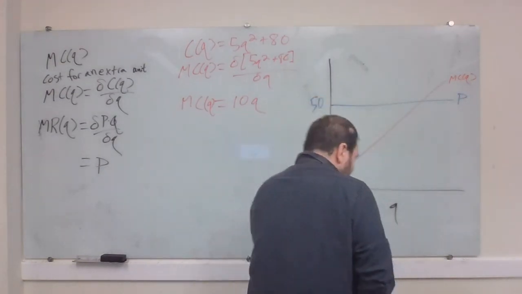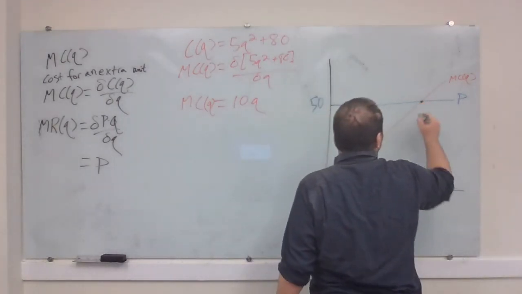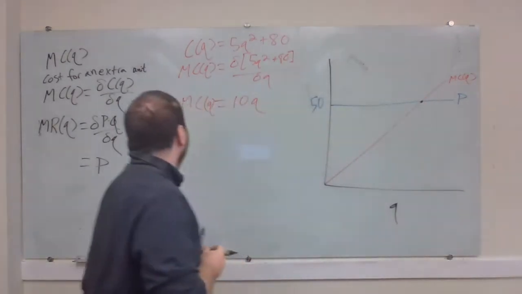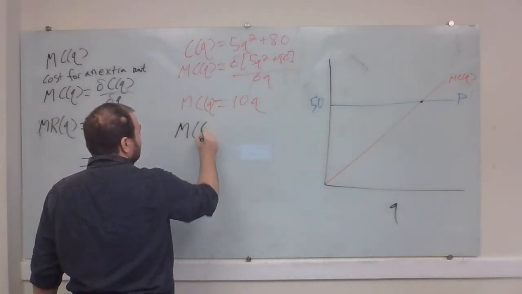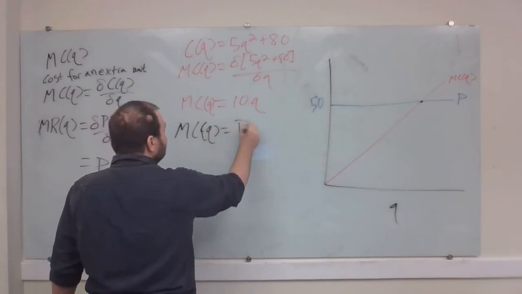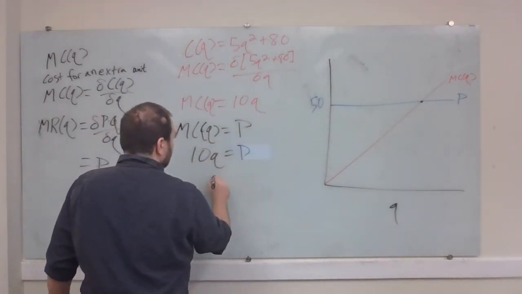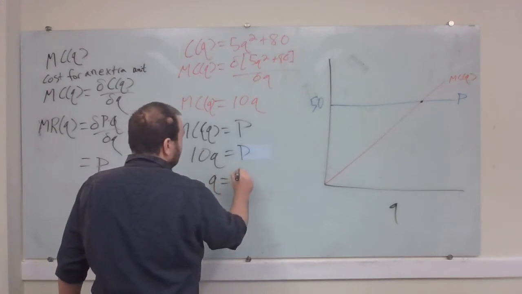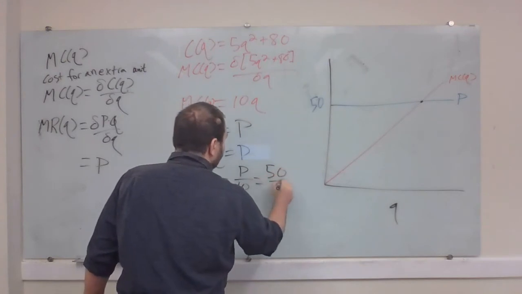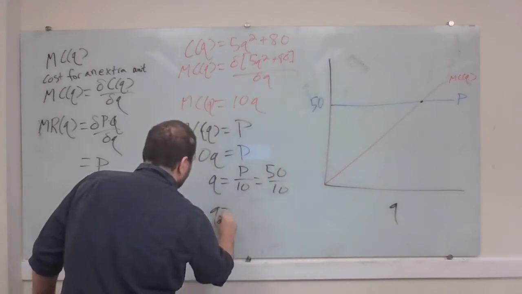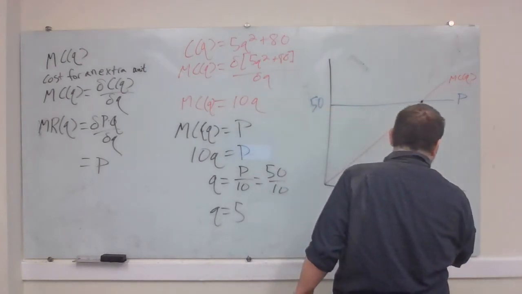And our goal to maximize profits is to produce here, where marginal cost equals price. So we can say MC of Q is going to equal price. 10Q equals price. Q is going to equal P over 10, which is 50 over 10. So Q is going to equal 5. So we'll produce 5 units of output.